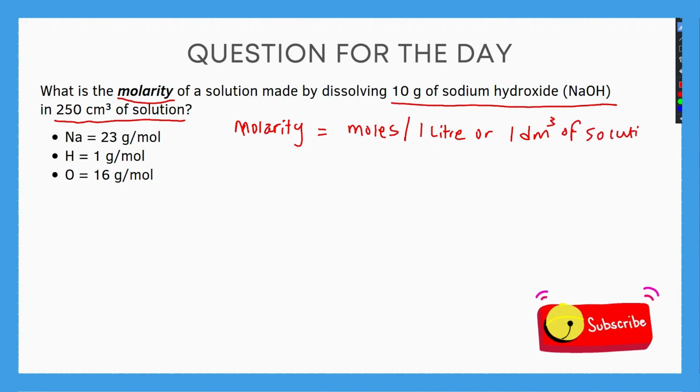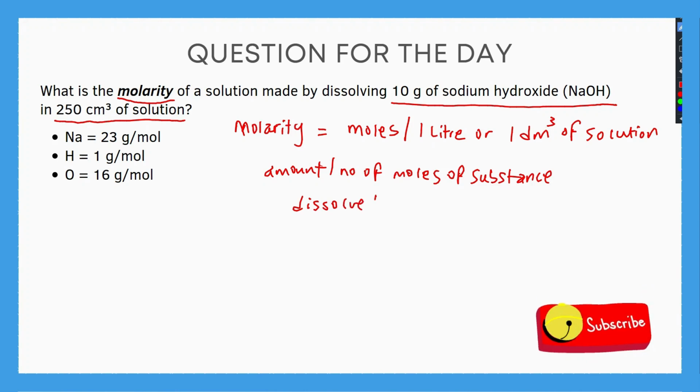So if I want to define molarity, I will simply say it is the amount or number of moles of a substance that has been dissolved in 1 liter or 1 dm cube of a solution. So that is simply what molarity is.